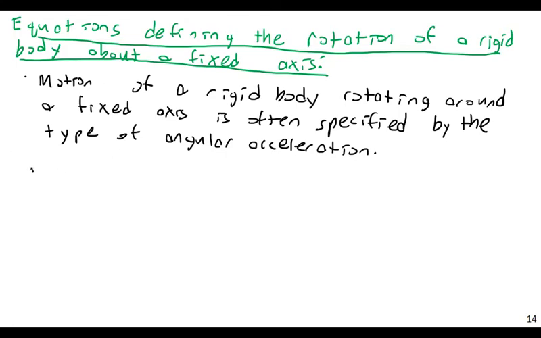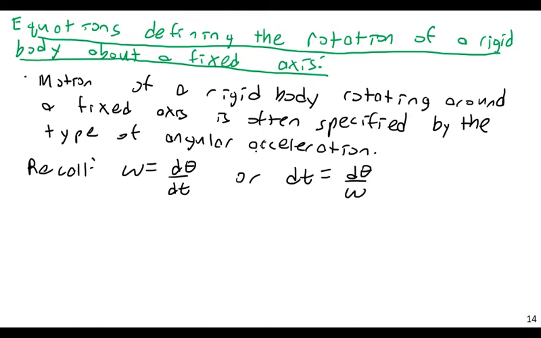So we're going to have the following relationships. Recall that omega is equal to d theta dt, or dt equals d theta over omega, and that alpha is equal to d omega dt, equals d squared theta over dt squared, equals omega d omega d theta.